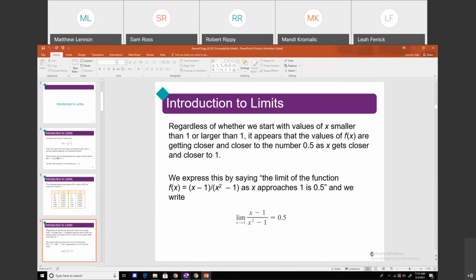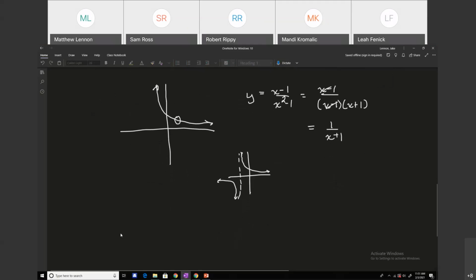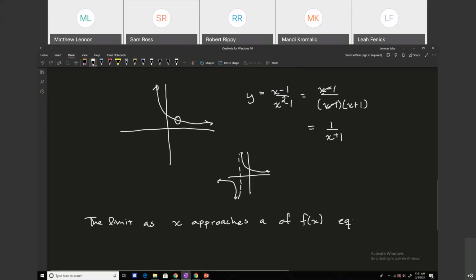In general you'll see the limit as x approaches a of f of x equals L, for the limit value.